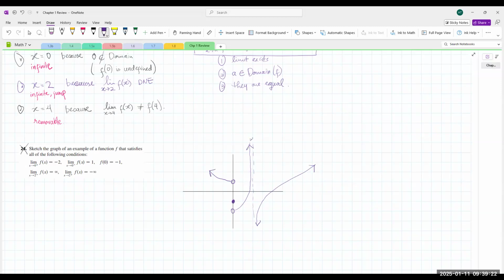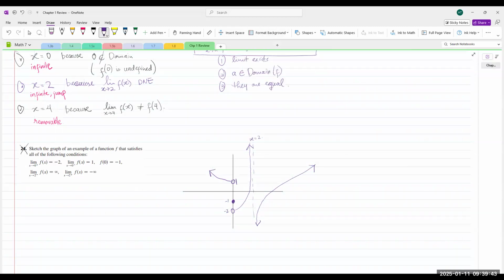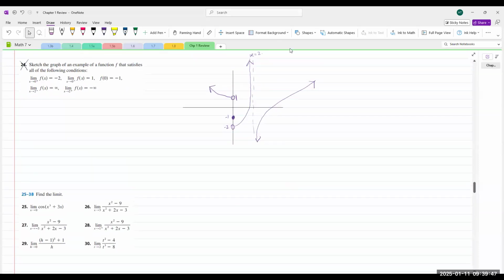So this is x equals 2. This is -1, -2, and 2. Oh, no, that's not 2, that's 1. Okay, this is an example of a function that satisfies all these conditions. That's for number 24.